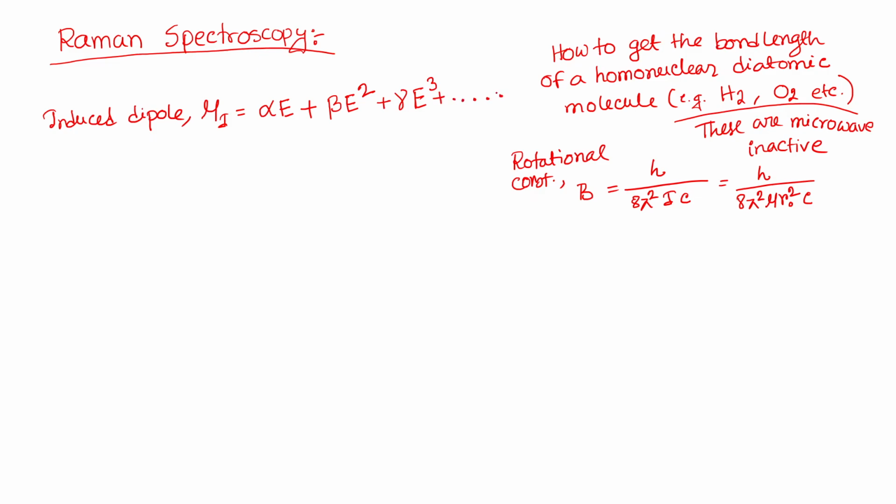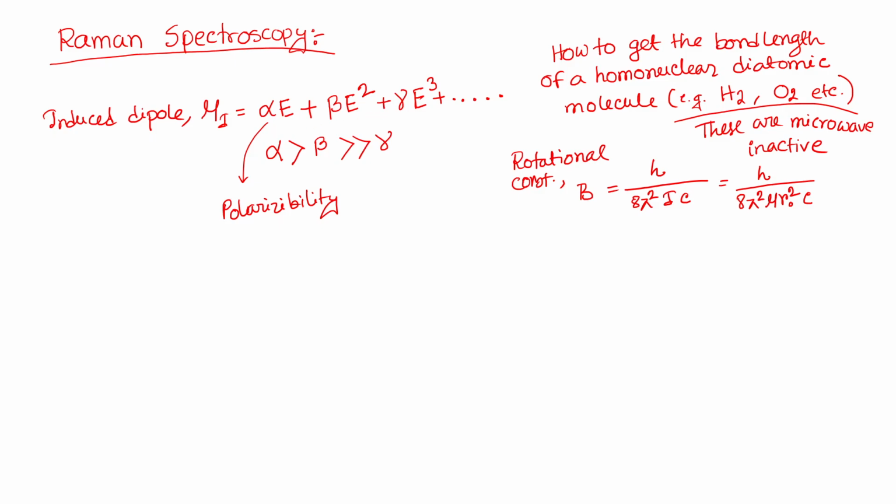Now alpha is bigger than beta, bigger than gamma. This is the order. Alpha is known as polarizability, beta is second order polarizability, and gamma is third order polarizability.